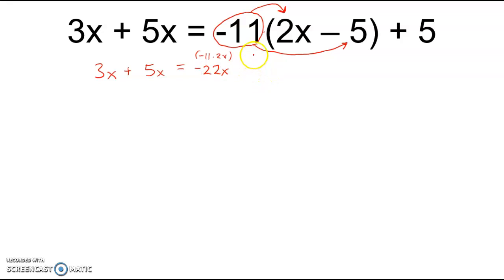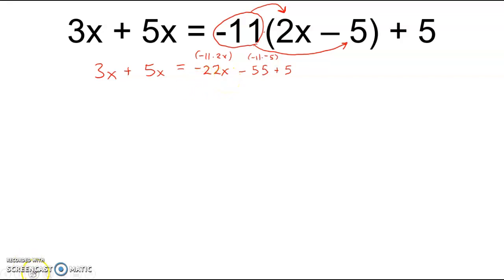And then we have negative 11 times a negative 5, which equals negative 55. And then the plus 5 here at the end did not change. We didn't do anything to it. So the distribution property has been used. We've distributed, we multiplied, and this is what we come up with.